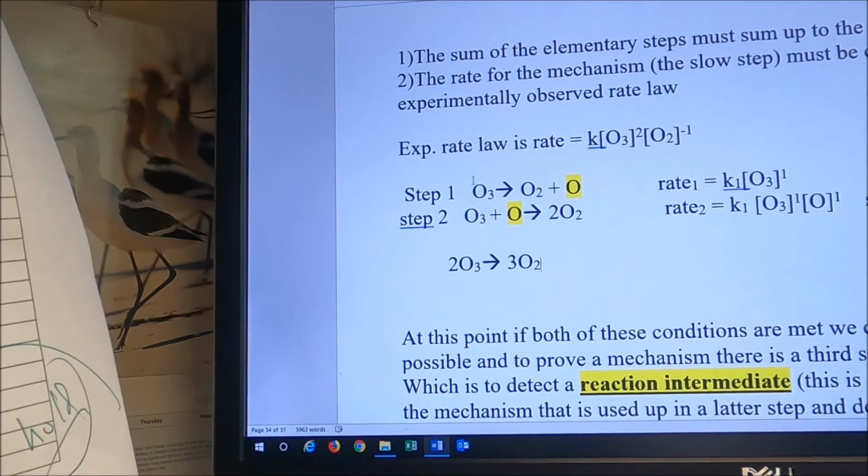What I have to do is look at this first step. Okay? This step is going to come to equilibrium waiting on the second step to happen. Now, I'm going to put a double set of arrows in here. The double set of arrows means that this step comes to equilibrium.